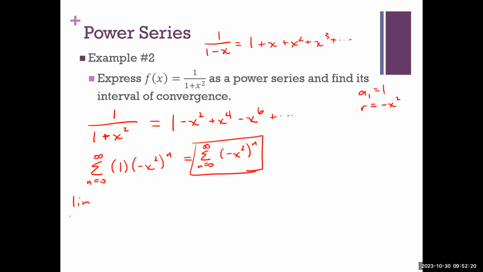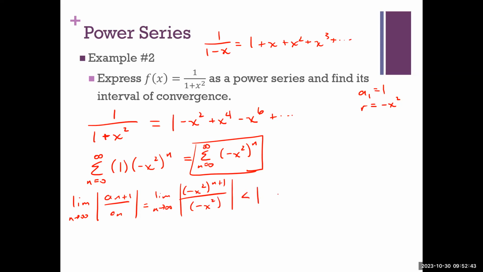So working from the functions and treating those as series. So what is the limit as n goes to infinity of this ratio? That's going to look like negative x squared to the n plus 1 over negative x squared to the n, absolute value. I want that to be less than 1.